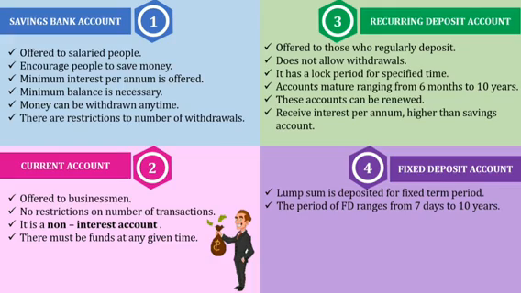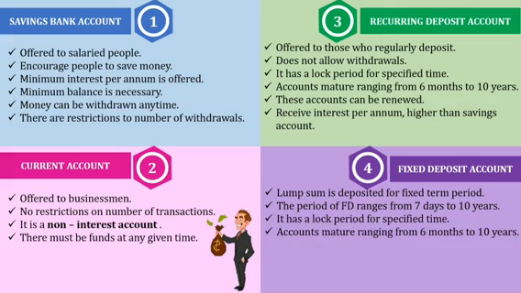The account can be renewed after the maturity period. Fixed deposits receive the highest interest as the entire amount is locked in for a period of time. The senior citizens get a higher rate of interest, which may change as per the directives of the RBI. This is a time deposit.